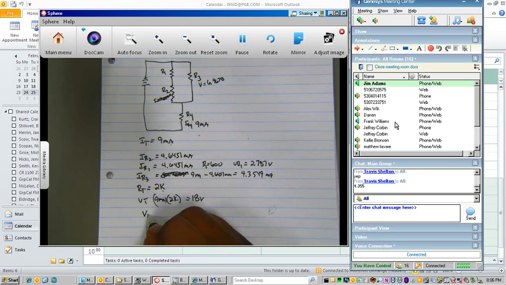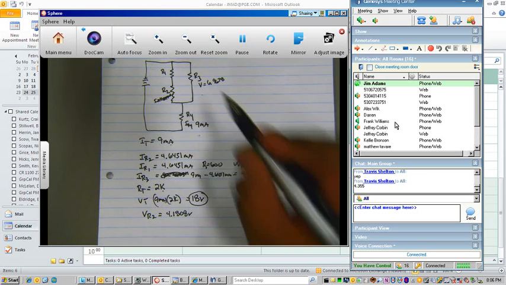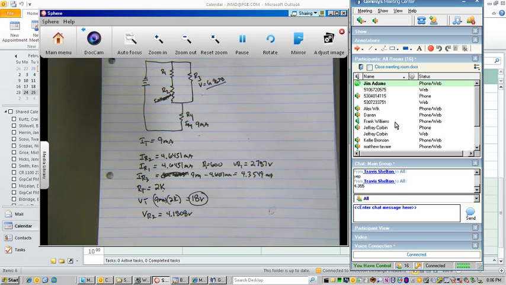So 6.9678 minus 2.787. So VR2 equals 4.1808 volts.